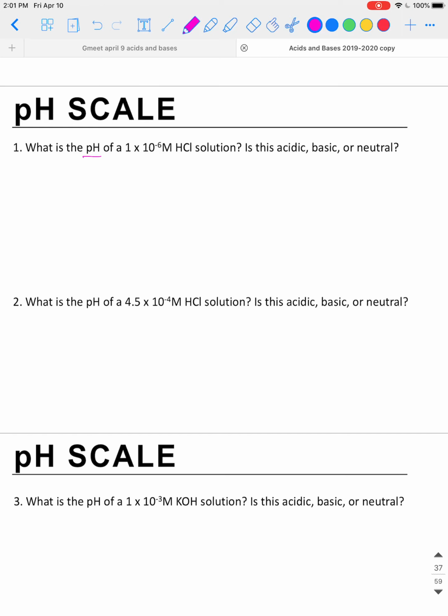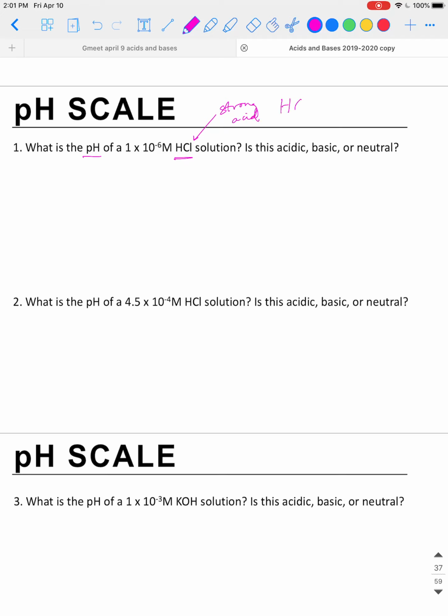What is the pH of a 1 times 10 to the minus 6 molar HCl solution? Is this acidic, basic, or neutral? Well, we are given an acid here, and it's good to know what kind of acid it is. Is it a strong acid? Is it a weak acid? If we were to scroll up all the way back to the table of acid-base strengths, we would find that HCl, and you may have already guessed, is a strong acid.